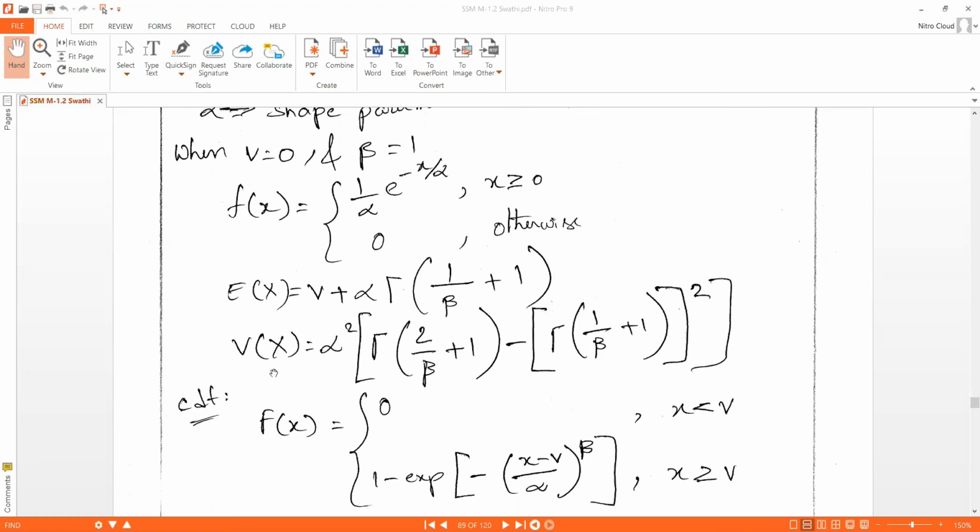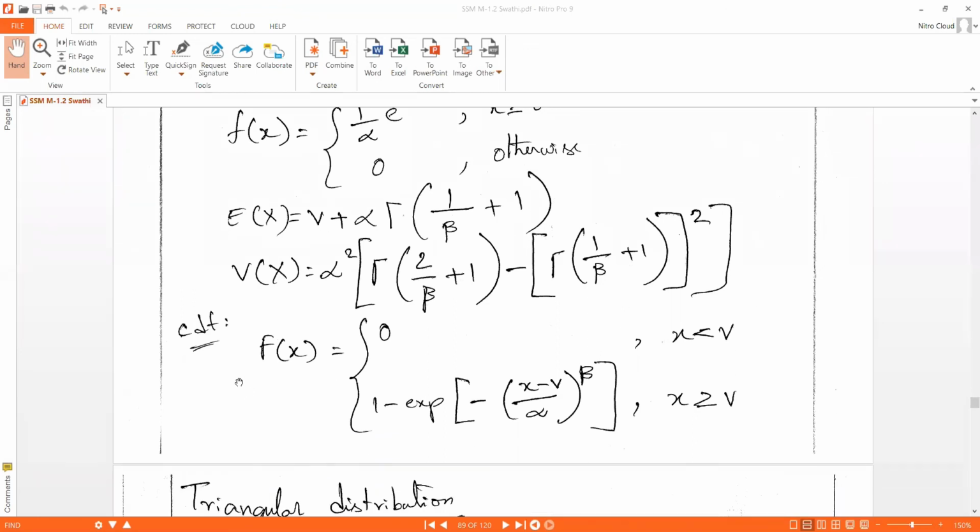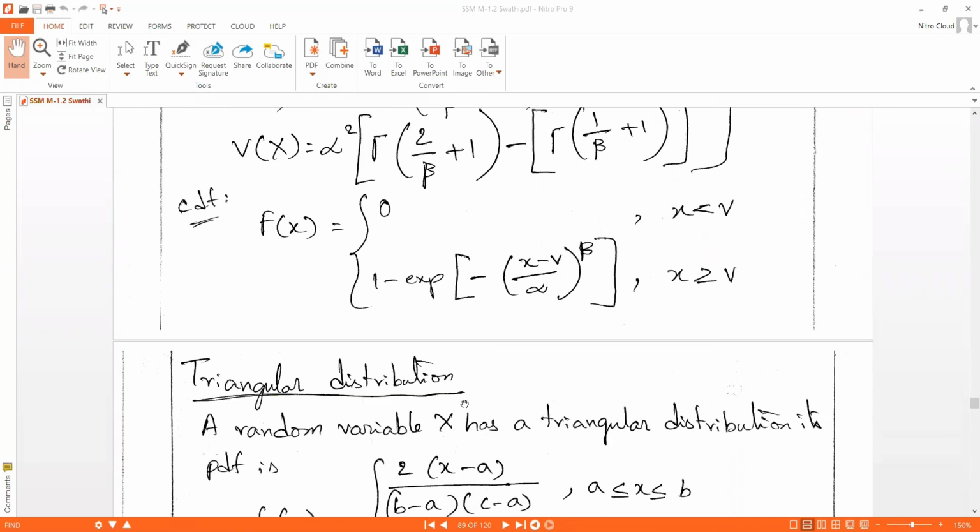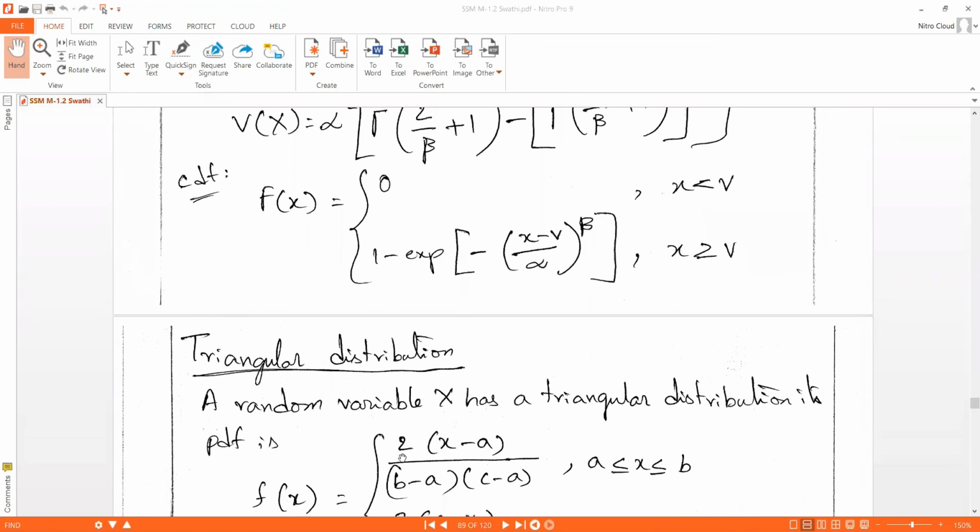You will get the variance. Okay, and the CDF is given like this: F of x equal to 0 if x is less than v. Okay, if x is greater than or equal to v, then F of x is 1 minus exponential of minus x minus v divided by alpha whole power beta. That is the CDF.